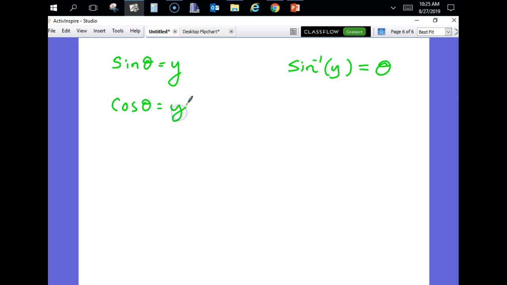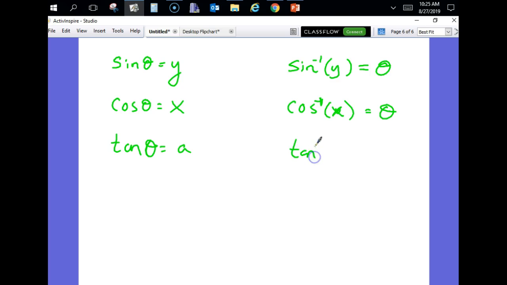If cosine of theta equals y, well, I guess I should say x in this case, huh? Then arc cosine, that's a little -1, theta. And so on and so forth. Tangent of theta gives you a, then arc tangent of a gives you theta.